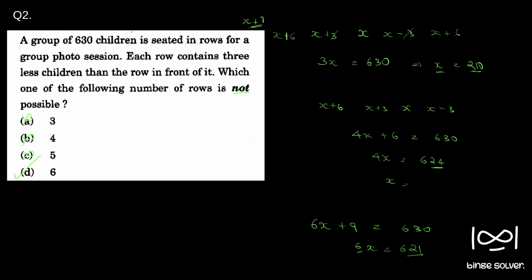Another method is also checking the answer from the options only, but instead of this kind of rearrangement, it is a general method we can apply. I'll just show that also. Okay, I'll just clear this.